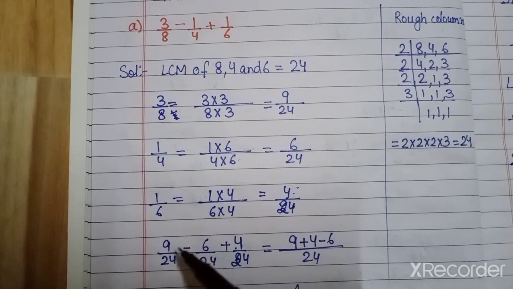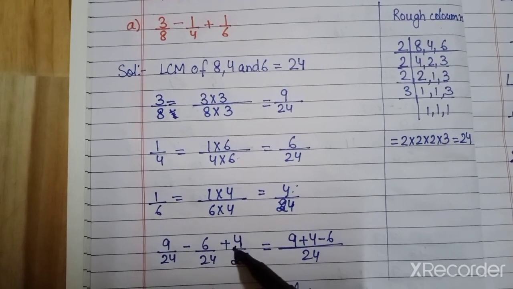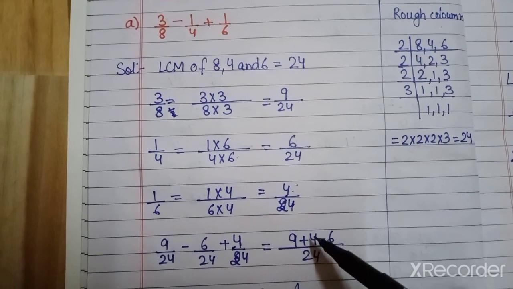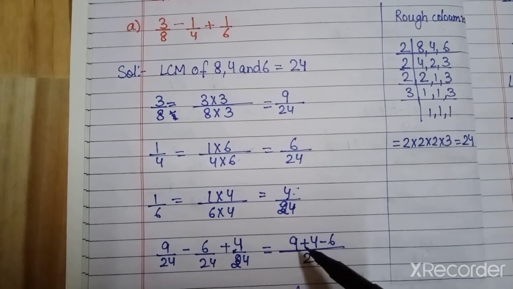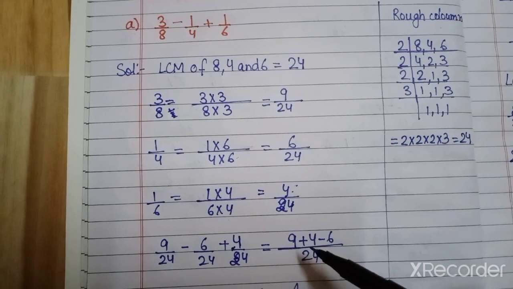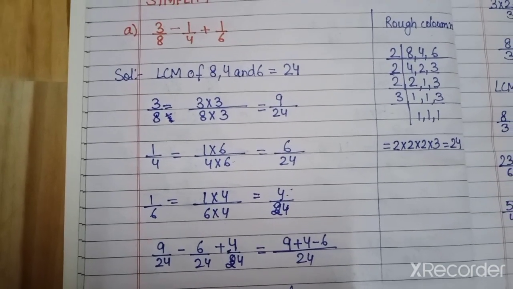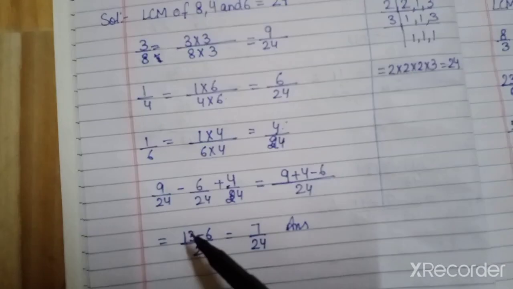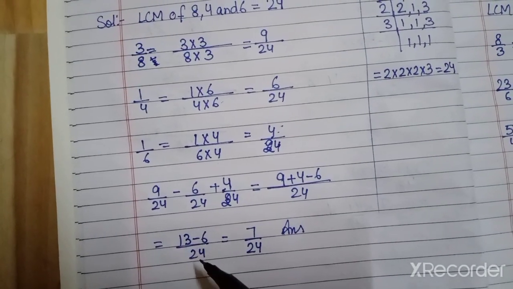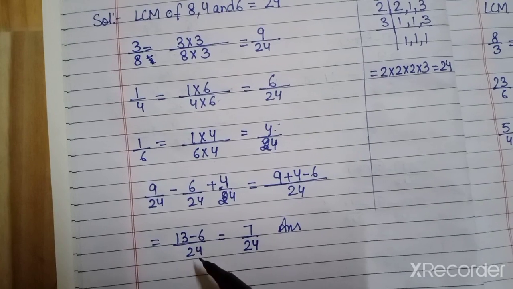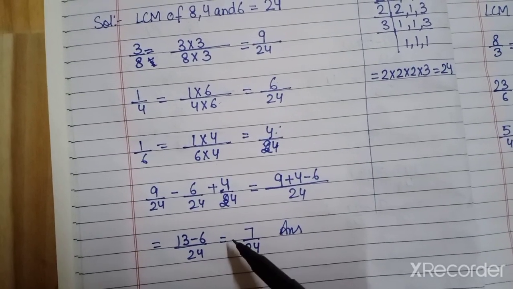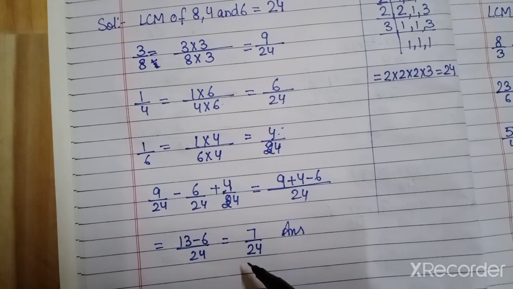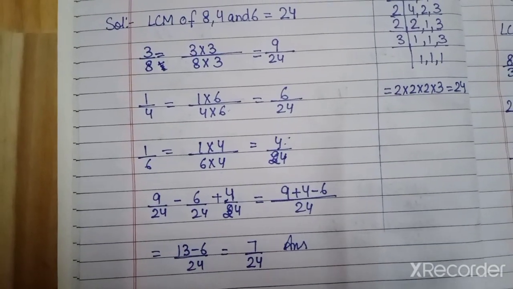So 9, we will add 4 to 9, and after adding 9 and 4 we will subtract 6. What will be the answer? 13 minus 6 over 24. So the answer will be 7 upon 24. This will be the answer.